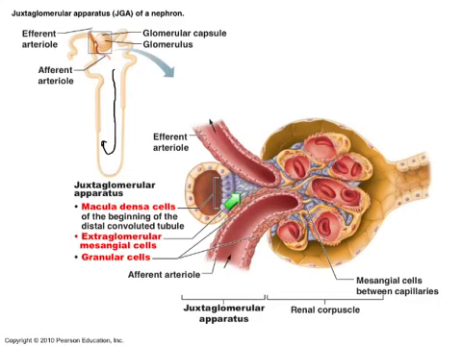These are referred to as extraglomerular mesangial cells because you also have intraglomerular mesangial cells, or just mesangial cells, that are sitting in between the capillaries of the glomerulus. These mesangial cells within the glomerulus adjust the surface area of the capillaries.